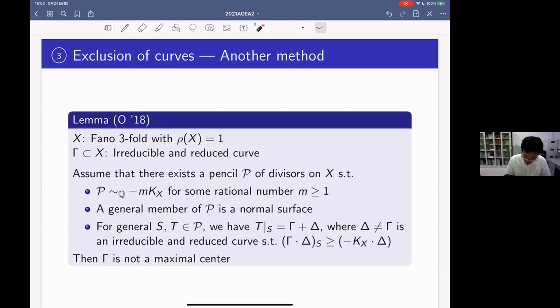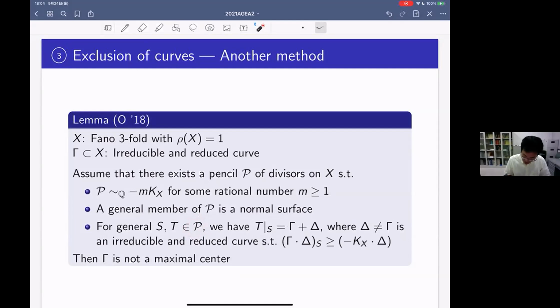Second, a general member of P is a normal surface. This is assumed to consider intersection numbers on a general member. Anyway, for general members S, T of this linear system, we have the following.